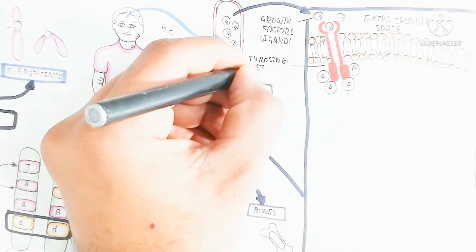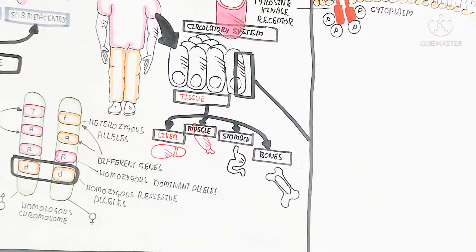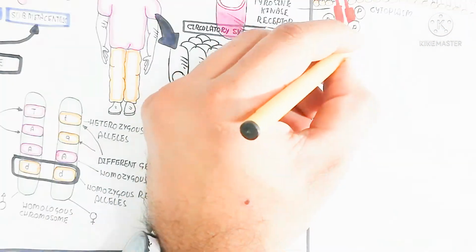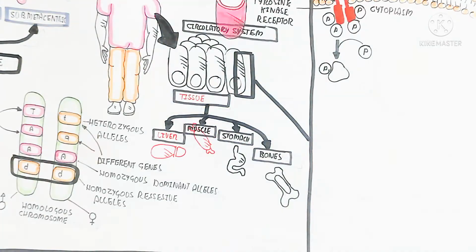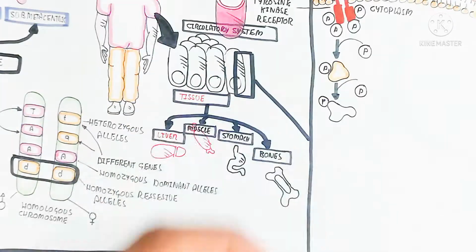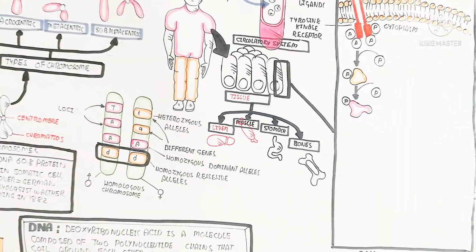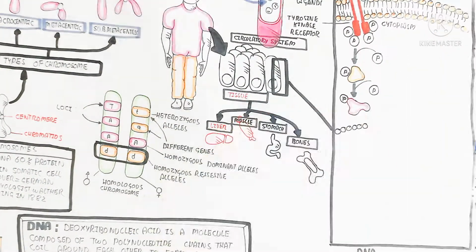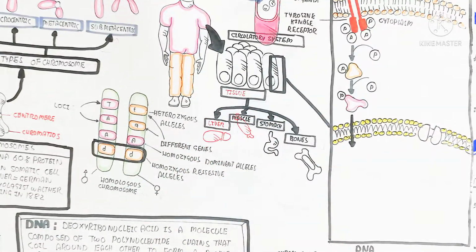So that is why here I am drawing the cell, which contains the plasma membrane, extracellular space, and the cytoplasm. When a growth factor or ligand binds with the tyrosine kinase receptor, after the binding there is phosphorylation in the intracellular domain of the tyrosine kinase receptor to trigger the phosphorylation of another protein in a chain reaction, and this is triggered by the kinase enzyme to become a transcriptional factor.